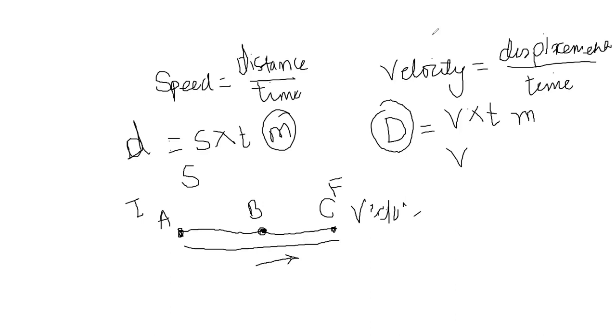Whereas you can cover a distance from A to C, and again from C to A. Now the body is moving from A to C. When it reaches point C, it again comes back to A. So what is your distance?